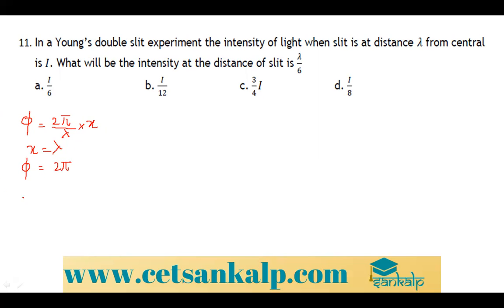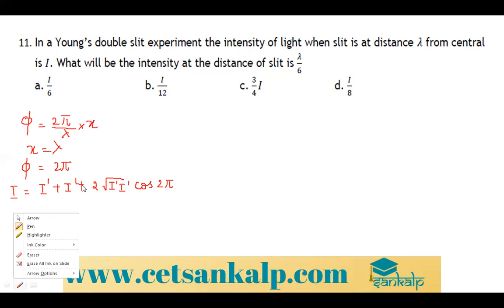ಈಗ ಐ ಹ್ಯಾವ್ ದ equation I is equal to, I'll take it as I dash plus I dash plus 2 root of I dash into I dash cos phi, ನ cos 2 pi ಅಂತ ಬರೀತೇನೆ. So cos 2 pi is nothing but 1. ಸೊ ಇದು 2I dash ಅಂತ ಬರೀತೀನಿ.